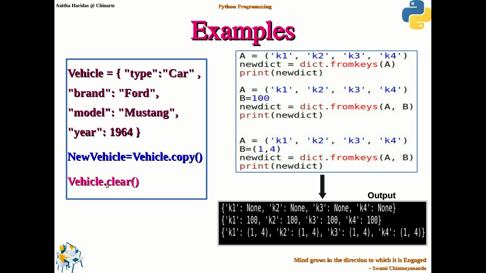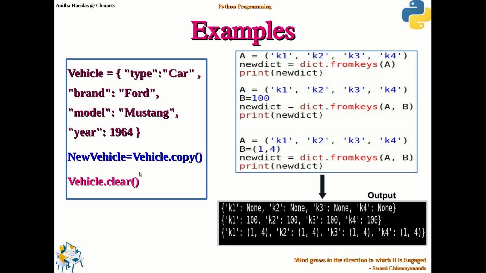If you want to clear this particular dictionary, you simply say vehicle.clear(), open close parenthesis because it is a method. If you want to create a new dictionary, that is, you want to copy from the existing dictionary, you can simply say dictionary name dot copy and assign it to any other new variable, let me say new vehicle.